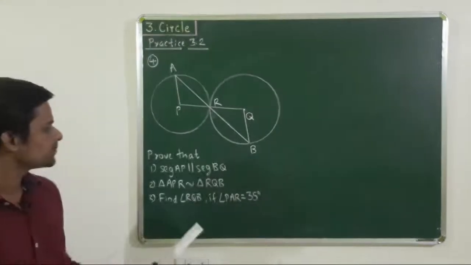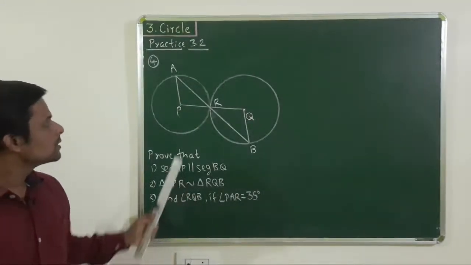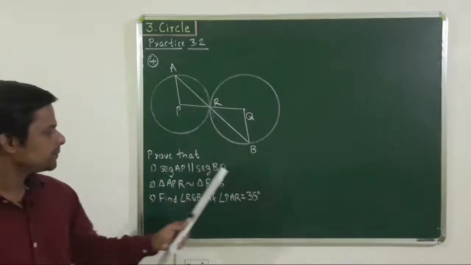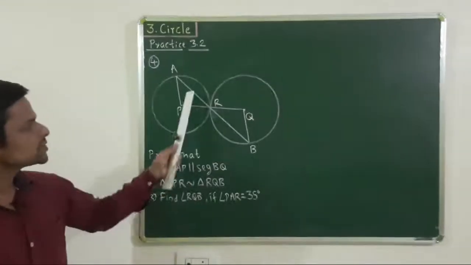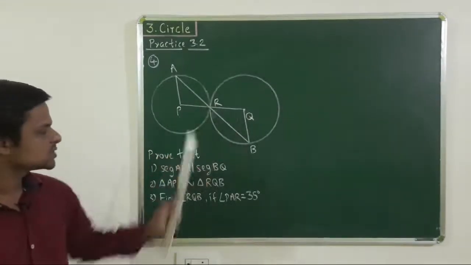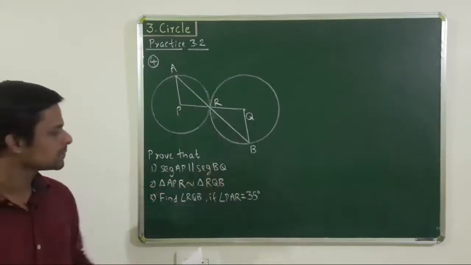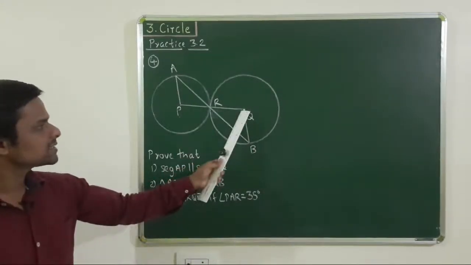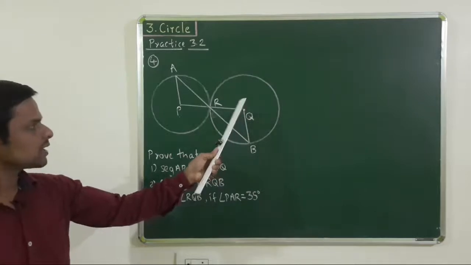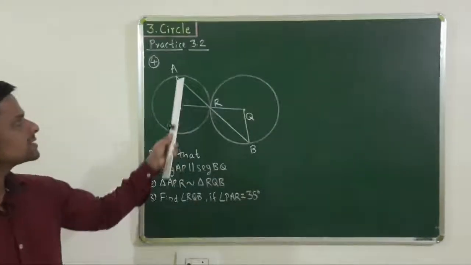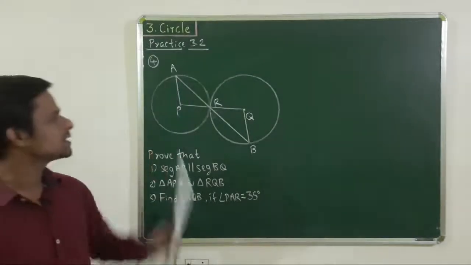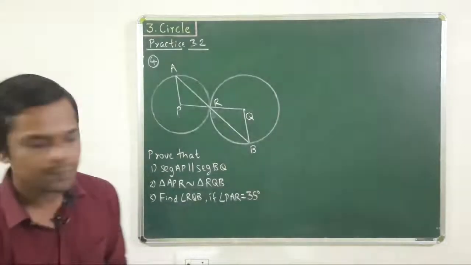This is given, and we have to prove AP is parallel to BQ, and these two triangles are similar. Then we have to find angle RQB, and one angle is given, that is PAR is 35. We will move one by one.